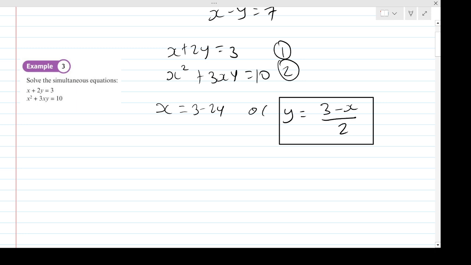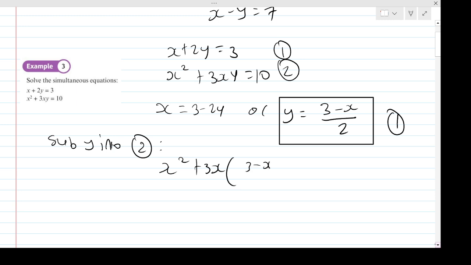So we're going to substitute y into equation 2. Remember, if we rearrange, this is equation 1, right? So we need to put that into the other equation, into 2, to be able to solve it, because it's a different equation. So if we sub that into the second equation, we're going to get x squared + 3x, and then y will be (3 minus x) over 2, equals 10.